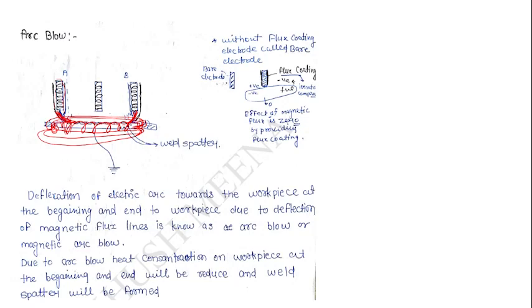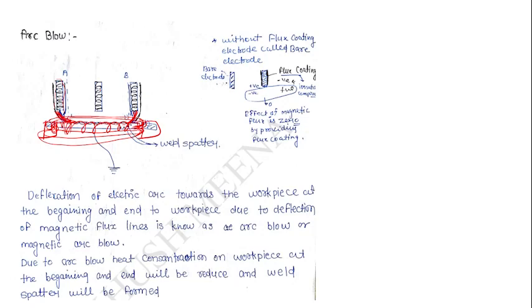So what do we do to eliminate the arc blow? We provide some extra material at the end and at the beginning of the workpiece, to make the welds better. And one more thing that we can do, we provide a flux coating on your electrode. What is that flux coating?